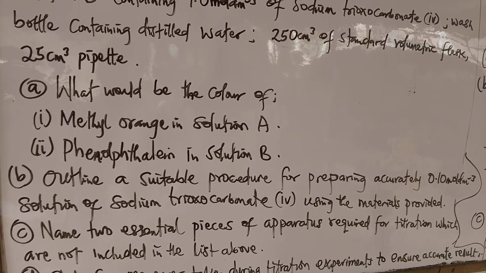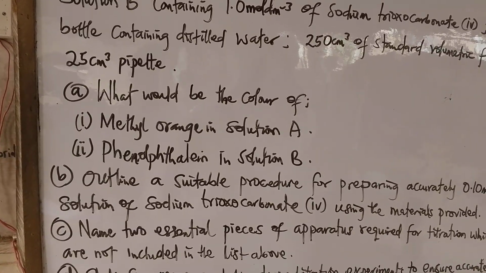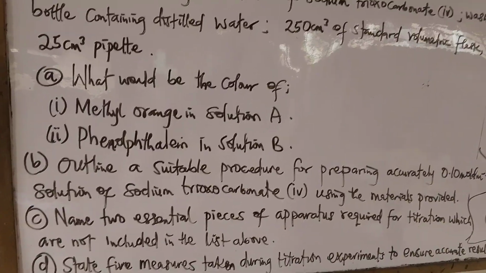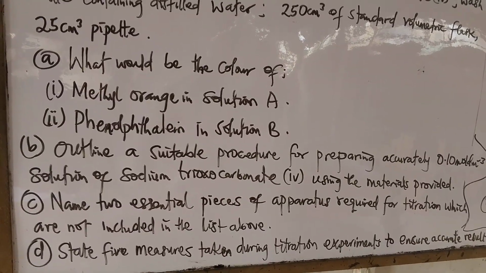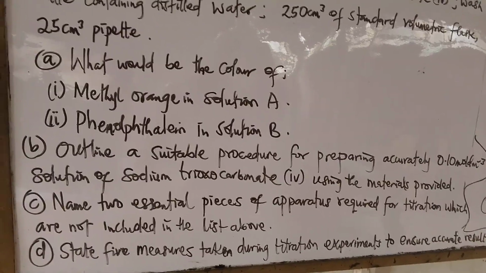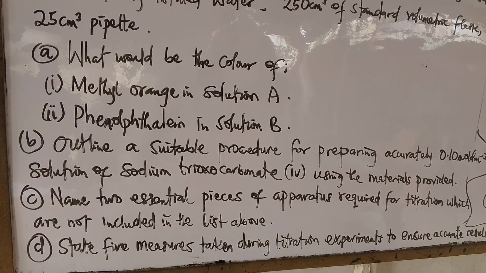Then we name 2 essential pieces of apparatus required for titration, which are not included in the ones listed above. Then we state 5 measures taken during the titration experiment to ensure accurate results.